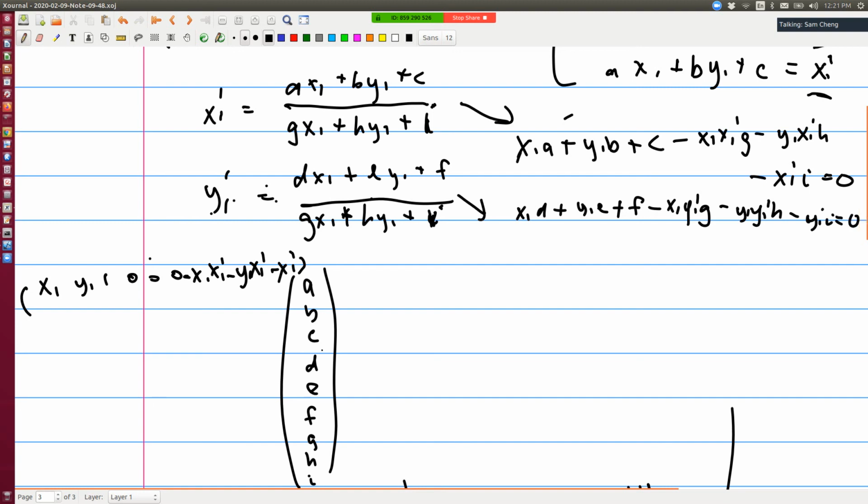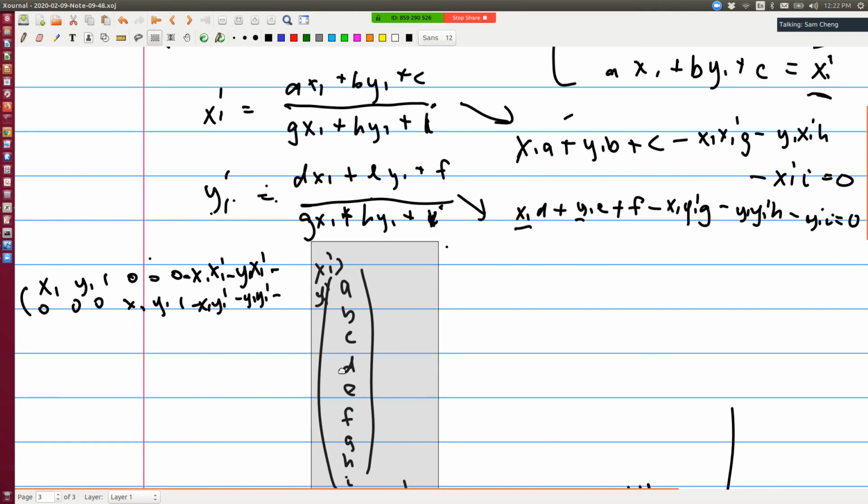So again, this will be 3 zeros first, and then x1, y1, and 1, and then this one is minus x1 y1 pi, minus y1 pi, minus y1 pi, something like that. So you can't mess up, so try to move a little bit.